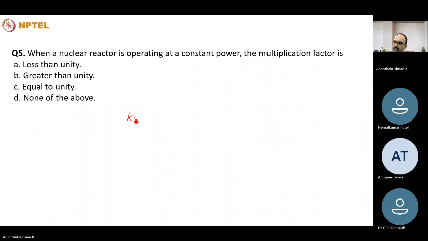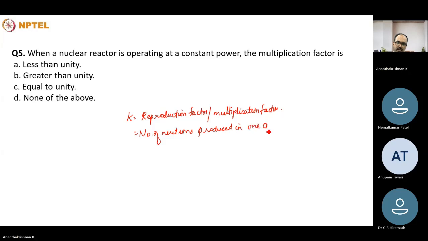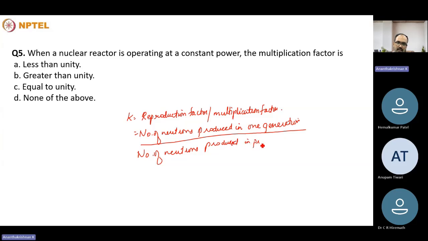So the reproduction factor or the multiplication factor is equal to the number of neutrons produced in one generation to the number of neutrons produced in the preceding generation.